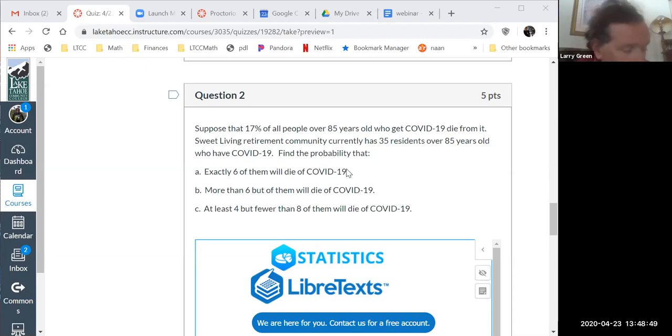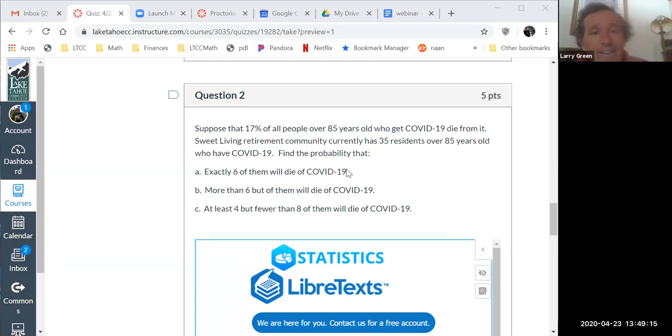So P is 0.17. You always have to make it a decimal. What's N? 35, yeah. 85 is their age, which has nothing to do with how many people there are. 35 is the number of people. In fact, you never use the number 85.